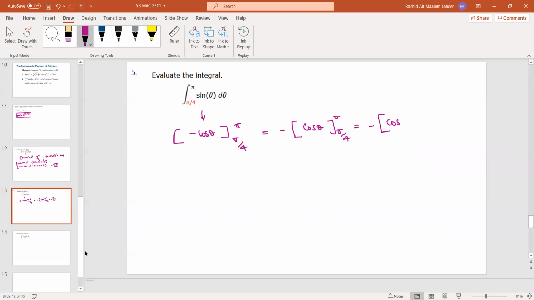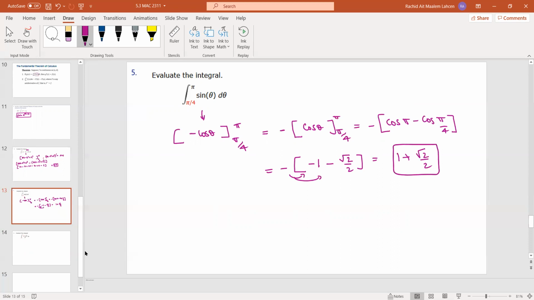So now you can use cosine pi minus cosine pi over 4. Cosine pi, that's a -1. Cosine pi over 4 is square root of 2 over 2. Now we get the negative inside. It's going to be 1 plus square root of 2 over 2.